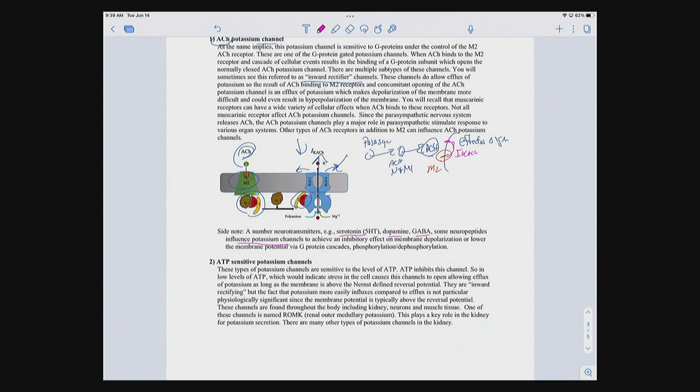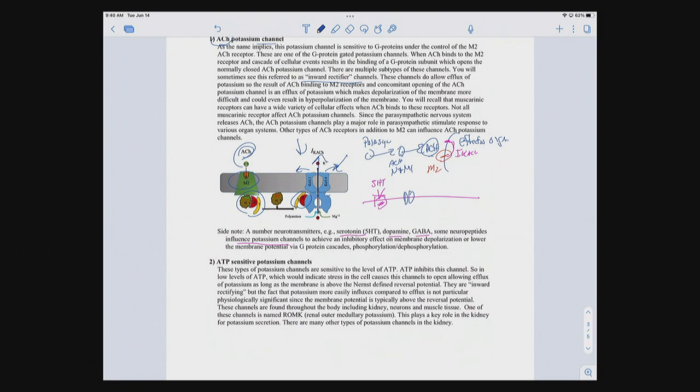Just to get more specific, let me show a different example. Imagine you have a receptor here, and this is a serotonin receptor, and so I'm having serotonin binding to that. There are potassium channels that are sensitive to this process, and this would be a potassium channel there. Again, it's not called serotonin potassium channels.